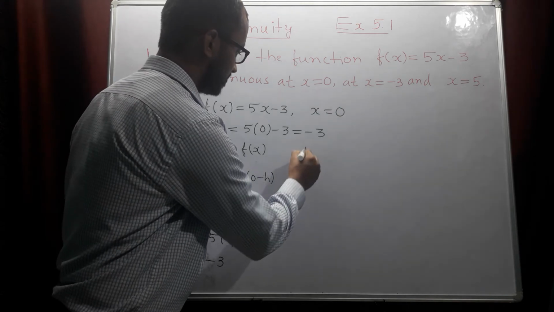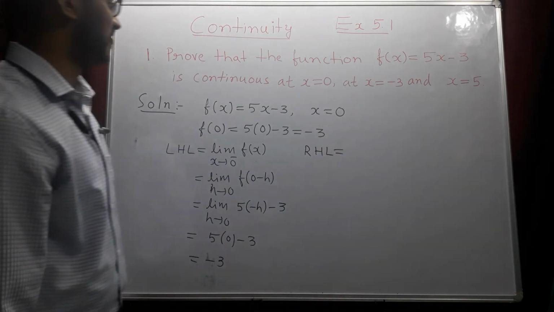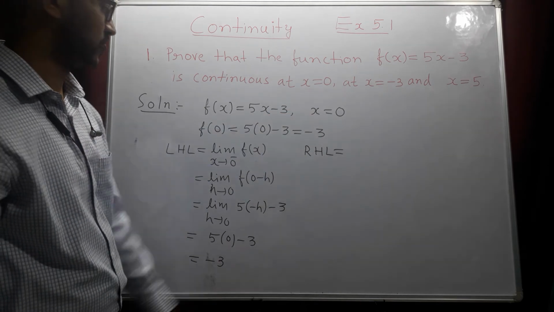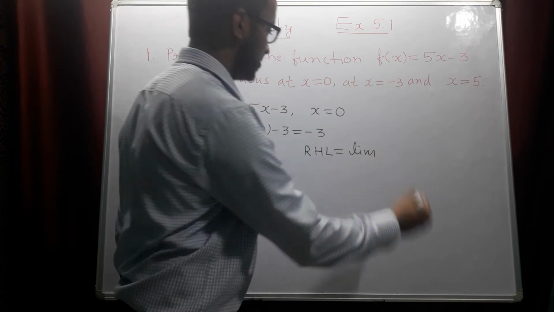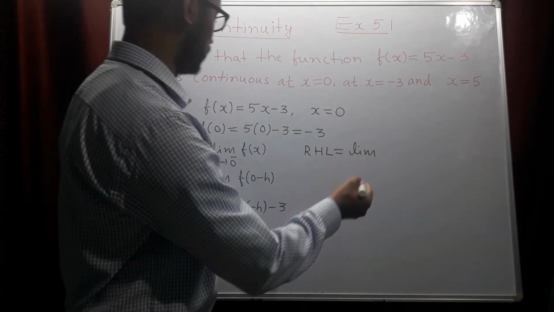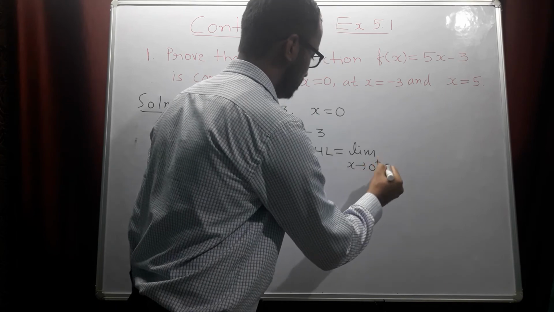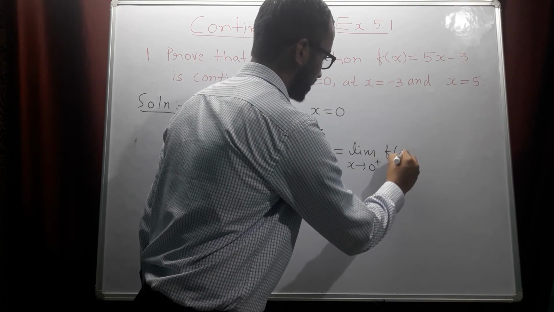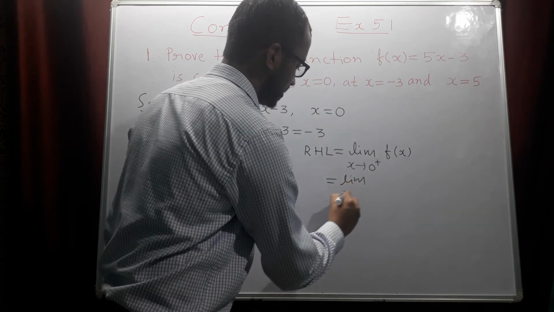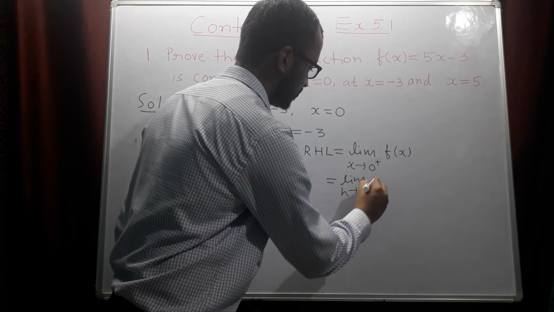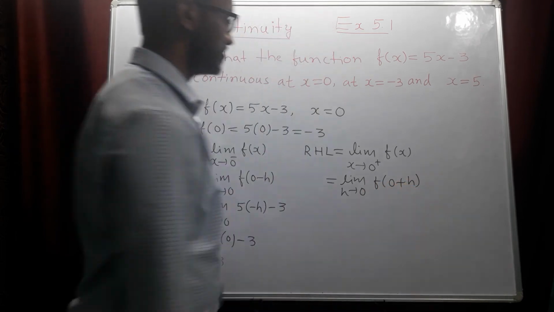Now the right hand limit of the function at the point 0, from the definition of limit. The right hand limit is limit x tends to 0 plus f of x. That is equal to limit h tends to 0 f of 0 plus h.